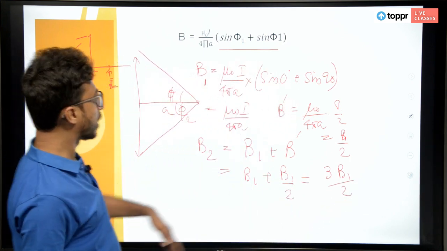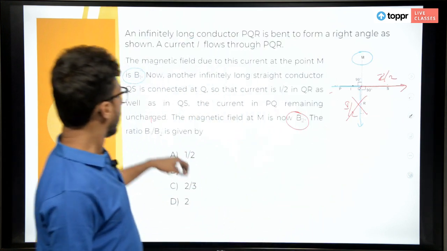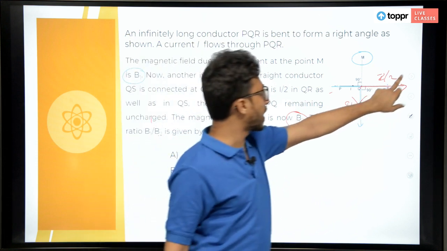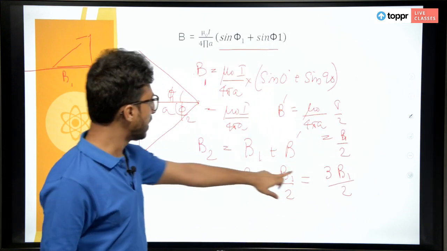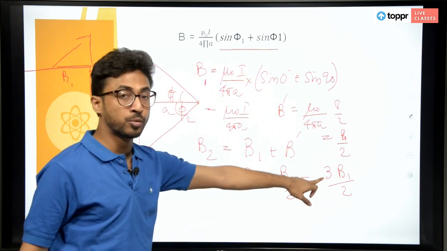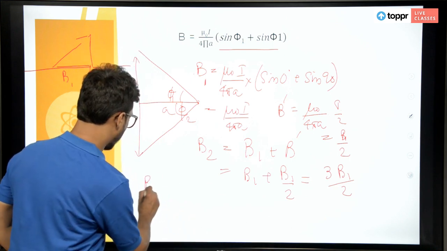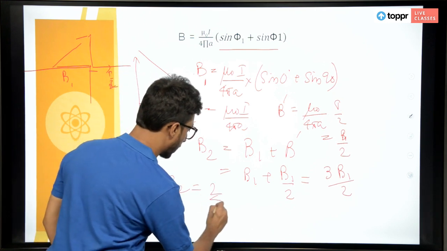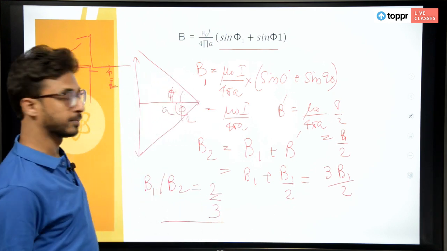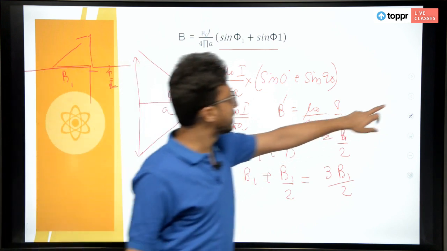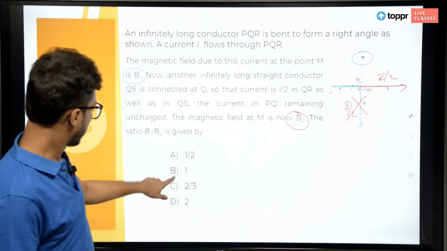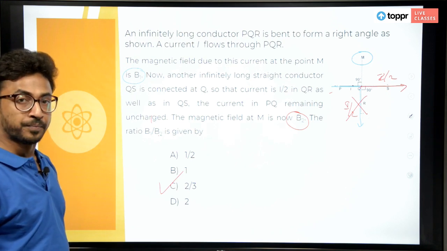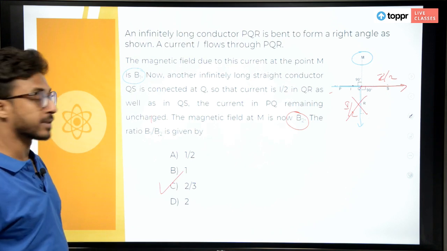So we have to find out the ratio between B1 and B2. B1 is B1, B2 is 3 by 2 B1. So B1 by B2 is nothing but 2/3, right? Let us see the answer. So option C will be our answer.